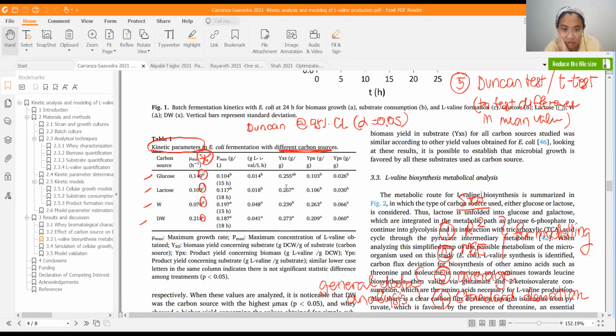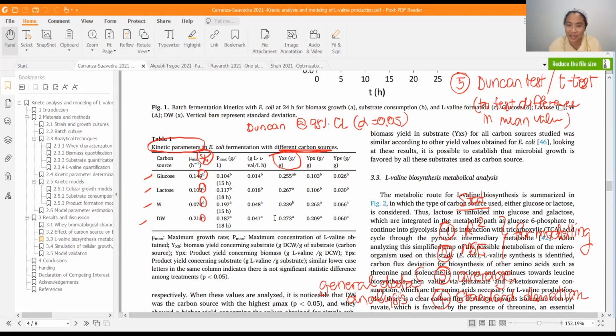Let me give you another example, an example of y-axis. When you compare the mean, you know that y-axis for glucose is 0.255, for lactose is 0.267, 0.239, 0.273. So basically if you look at the numbers alone, they are sort of different.